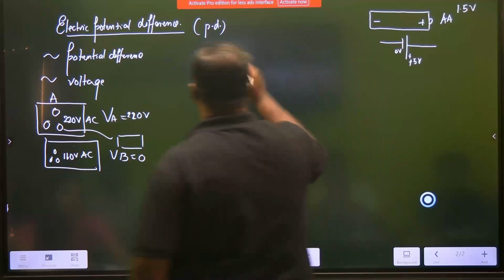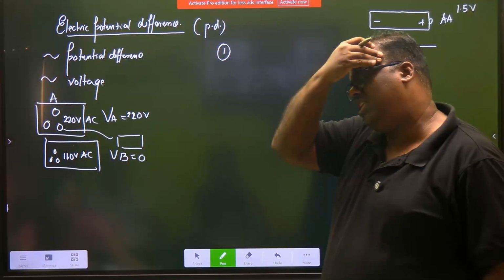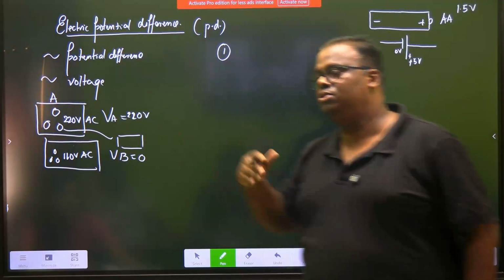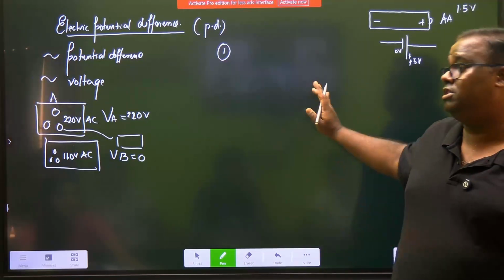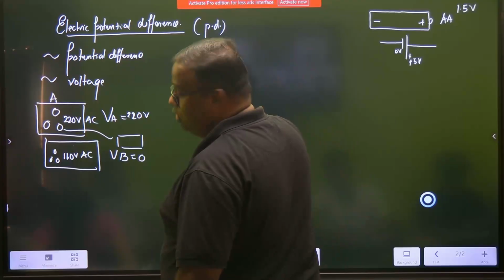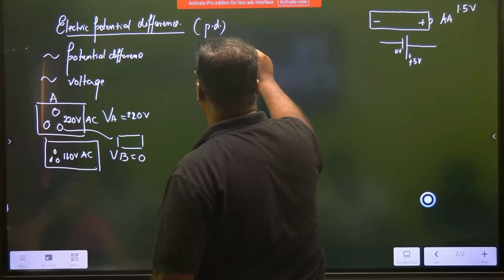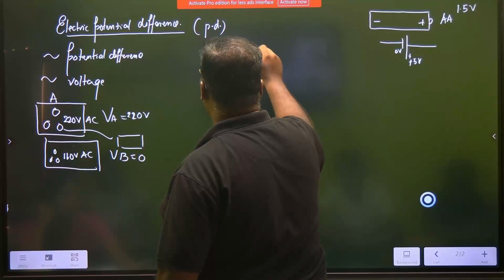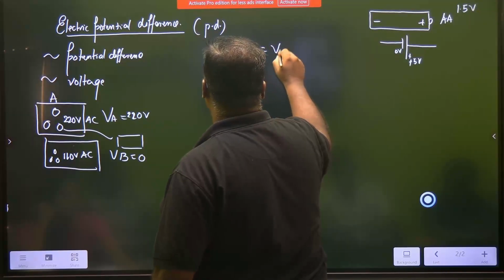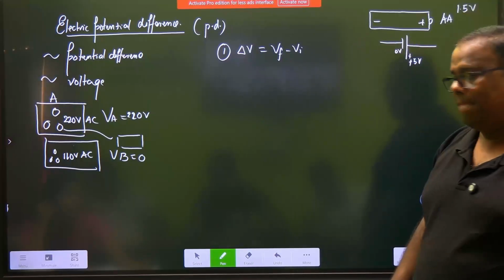So this brings the first formula for this chapter, and every day we do our chapter, we will be like a frog revising the previous formula and learning new formulas because this chapter is very, very formula intensive. The first formula that you will use for this particular section: potential difference is always equal to final potential minus initial potential. This is a basic formula, right?